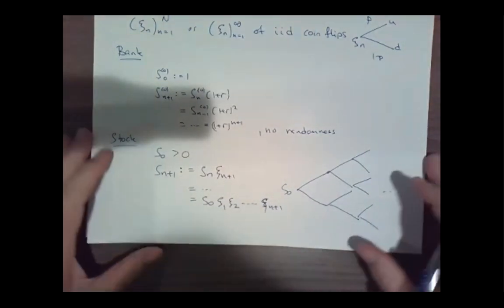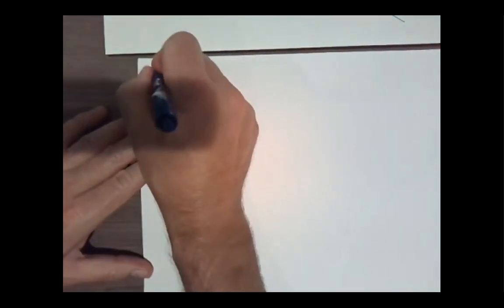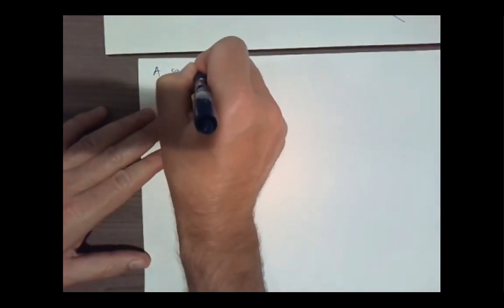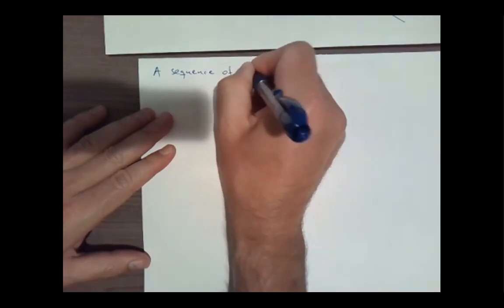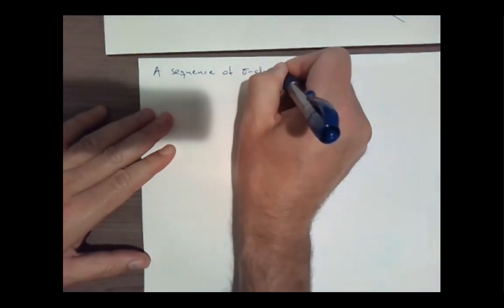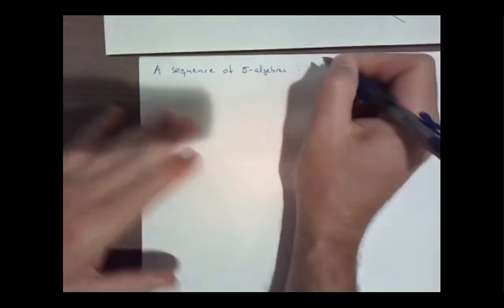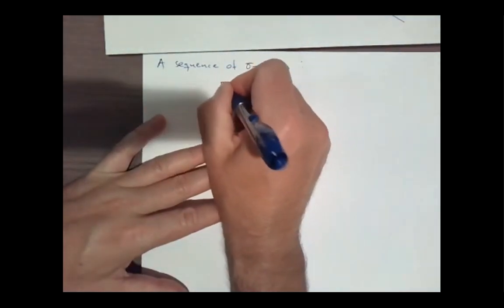And now we are equipped to study and analyze this model because we have conditional expectations, so we need some sigma algebras. So we're going to define a sequence of sigma algebras. We're going to define Fn.